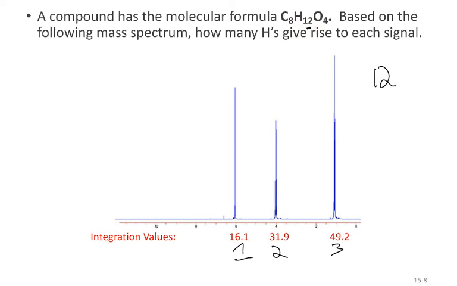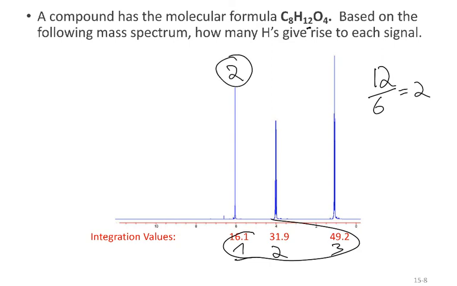When I add up my relative numbers, I get 6, so I need twice the relative numbers. So 2 times 1, 2 protons give rise to that signal, 4 protons give rise to that signal, and 6 protons give rise to that signal. And again, I can double check. 2, 6, 12. And so I think we're good to go.